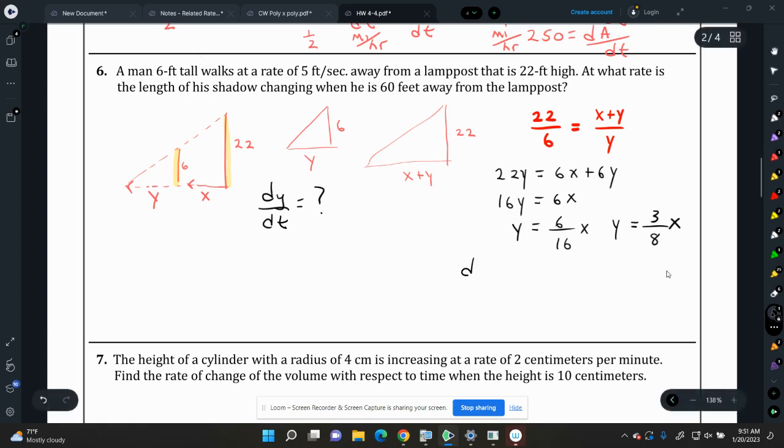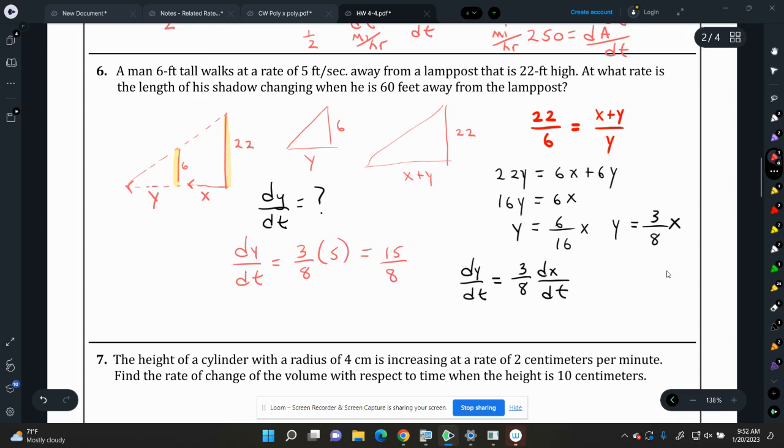So if I differentiate, I get dy dt equals, the derivative of 3/8 x is 3/8 dx dt. So I can do this without using the 60, because we know dx dt is 5. Yes. So dy dt equals 3/8 times 5, which is 15 over 8.